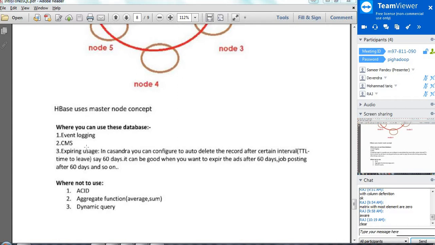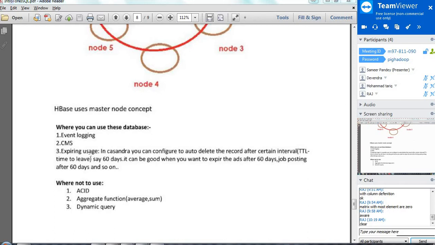CMS is a content management system where you are managing content, like on a web page there are a lot of HTML related contents from different sources. Then we can use HBASE. I'll show by diagram how we are using it.